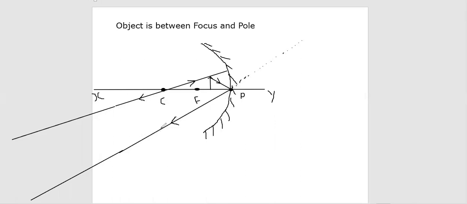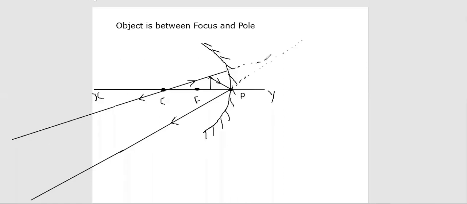This reflected ray of light which is there, from that reflected ray I am extending a ray of light. Now you can see this one is also a ray of light, right? From here also I am trying to extend this one like this.